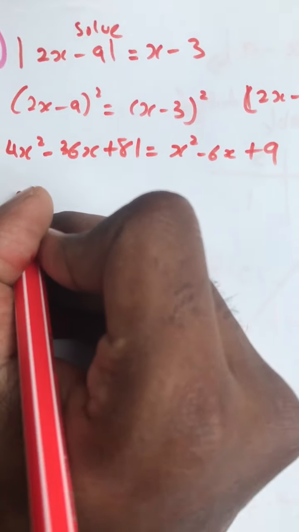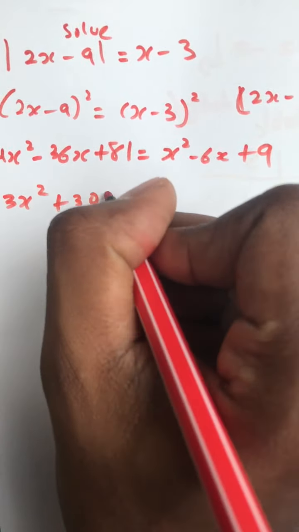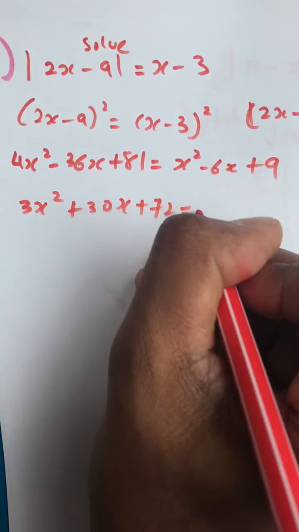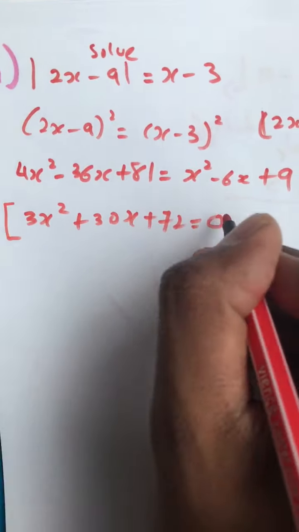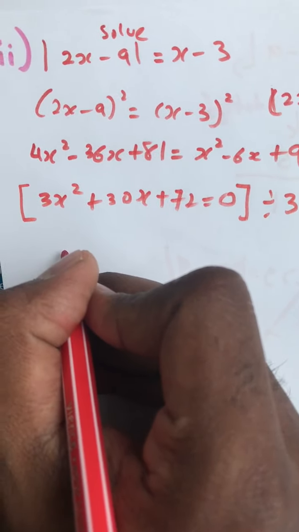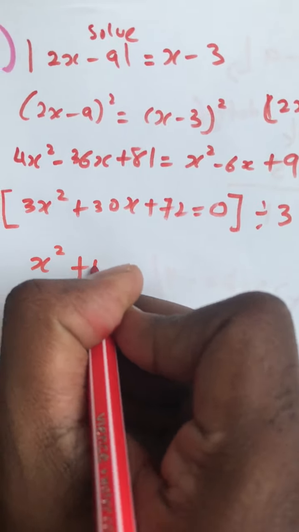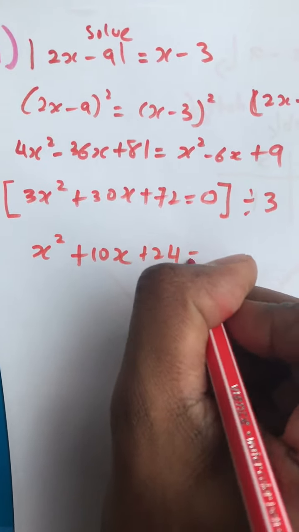After you collect the like terms, you should get 3x square plus 30x plus 72 equals 0. You notice all of these share the same factor, which is 3, so we can divide by 3 so that factorizing will be easier. So x square plus 10x plus 24 equals 0.